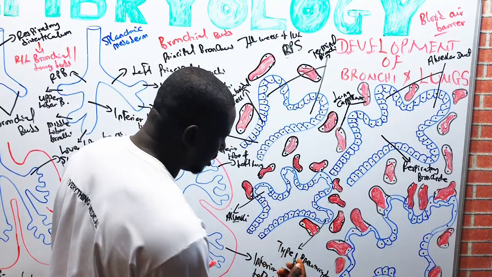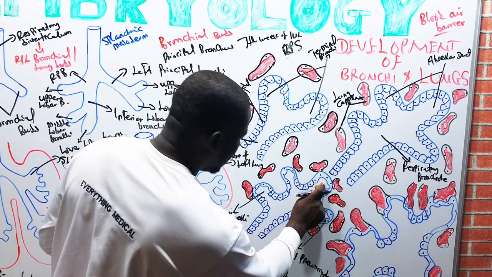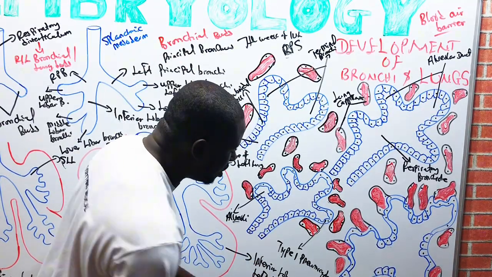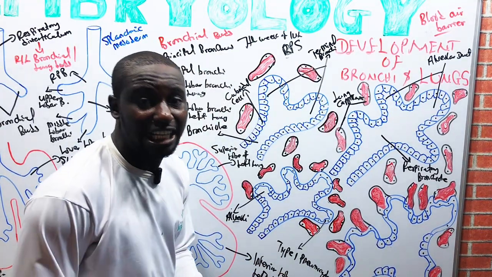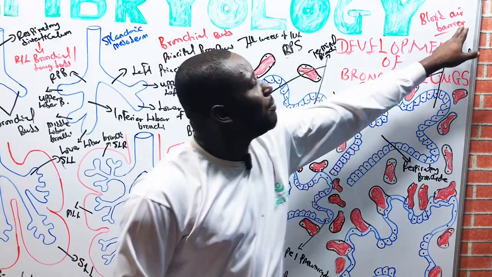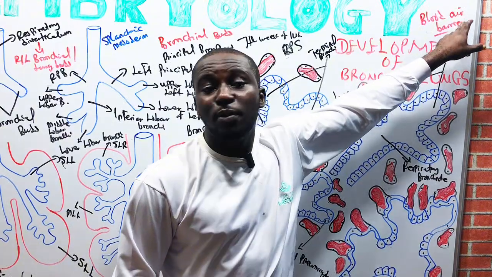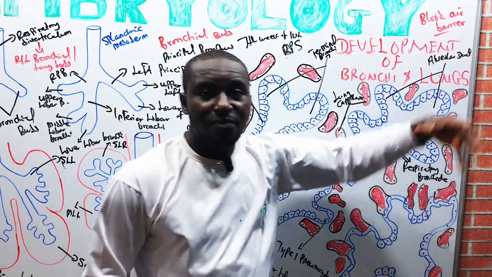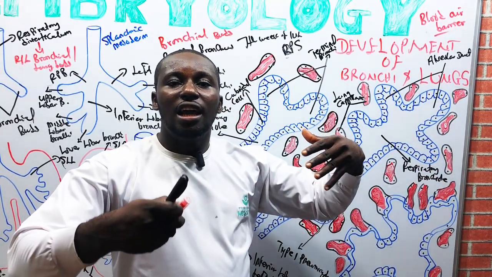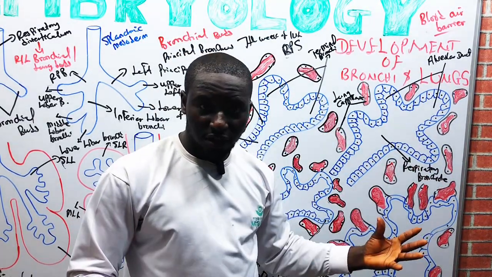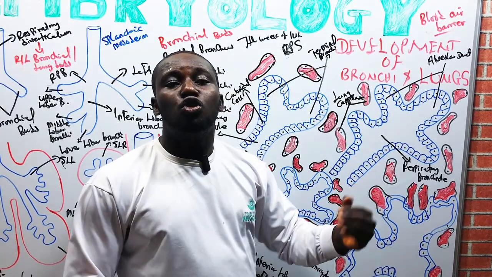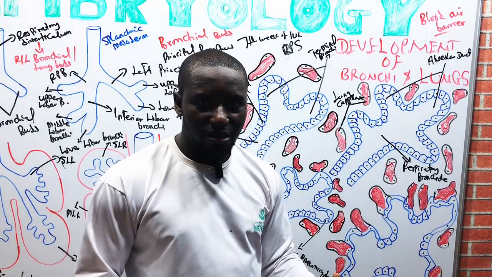Recall that I said previously that this is alveoli, which is being surrounded by type 1 pneumocyte, which is the cell that is responsible for gaseous exchange, right? The blood-air barrier, which is being formed or established by the direct contact of the epithelial and the endodermal cells, is responsible to permit adequate gaseous exchange, right?